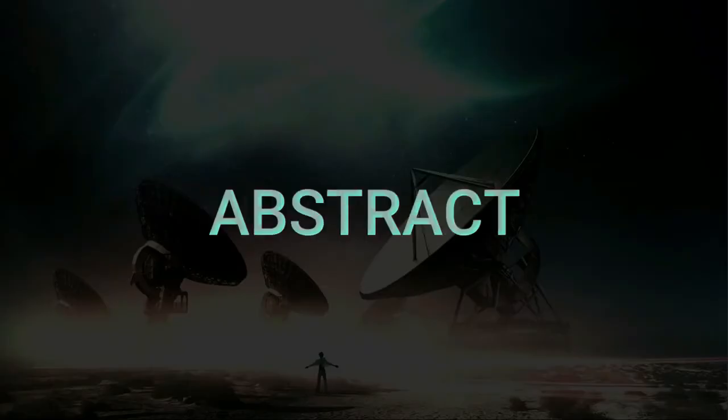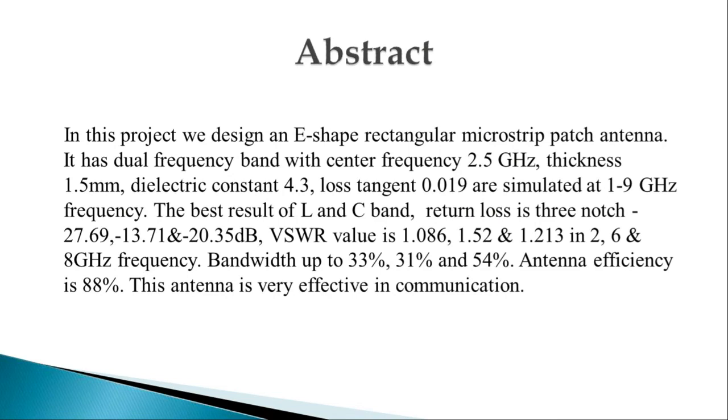The abstract of the project is, in this project we design an E-shaped rectangular microstrip patch antenna. It has dual frequency band with the center frequency 2.5 GHz, thickness is 1.5 mm and dielectric constant is 4.3. Loss tangent is 0.019, simulated at 129 GHz frequency.